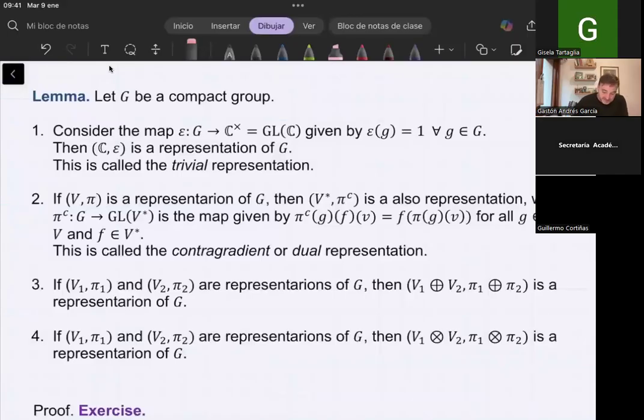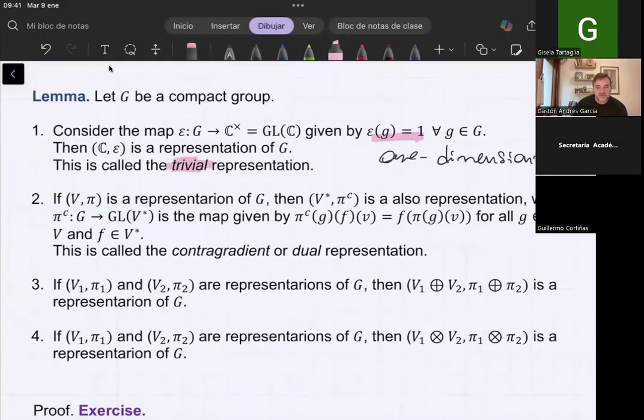The trivial representation is given by a constant function such that at any element of the group it is 1. This is a one-dimensional representation, and it is called the trivial one, okay? So any group has a trivial representation. So we always have a representation.